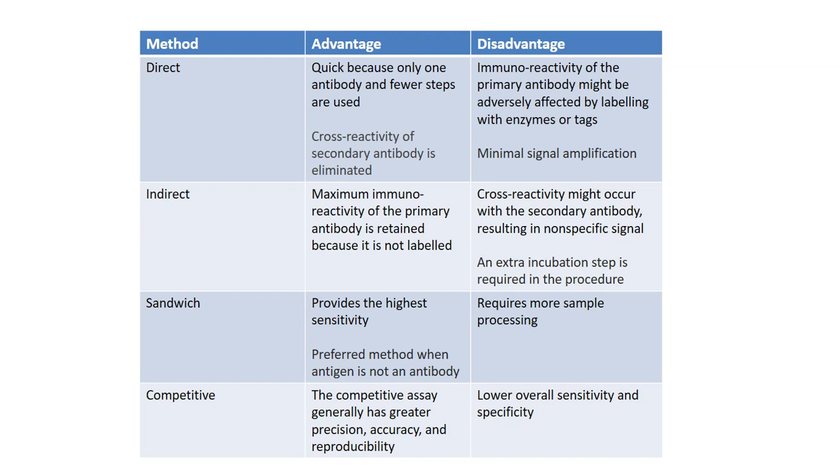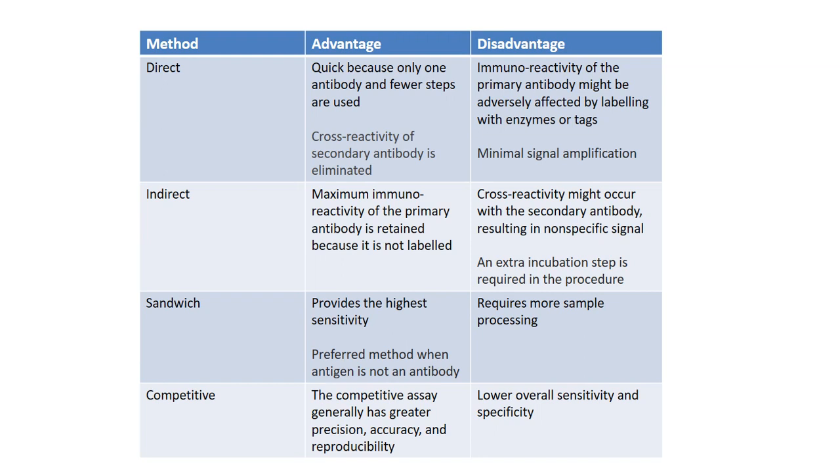A disadvantage is that the immunoreactivity of the primary antibody might be adversely affected by labeling with enzymes or tags. Okay folks, you have to appreciate that when you try to attach an enzyme to the detection antibody, there is a risk it might affect its binding affinity. So in a direct ELISA, there's a high risk that might impact it. And another disadvantage is there's minimal signal amplification.